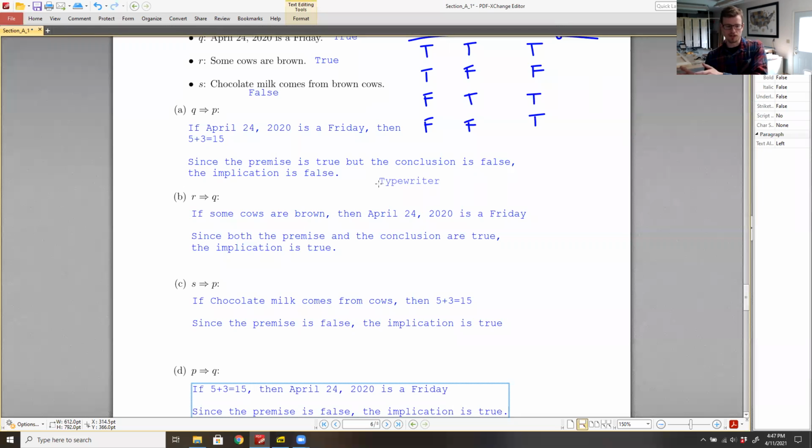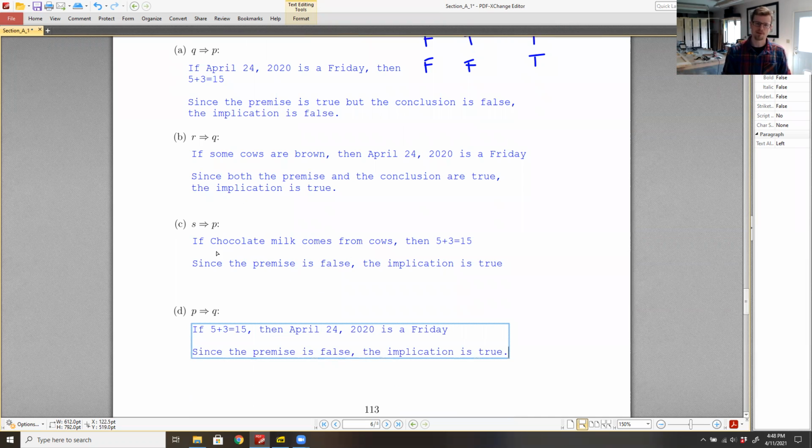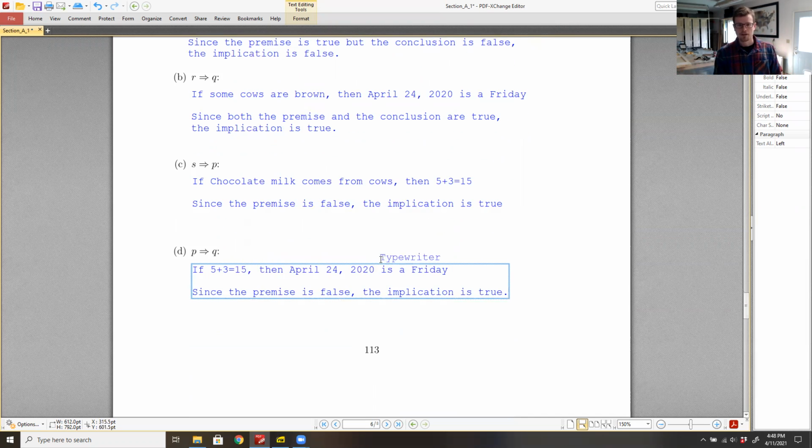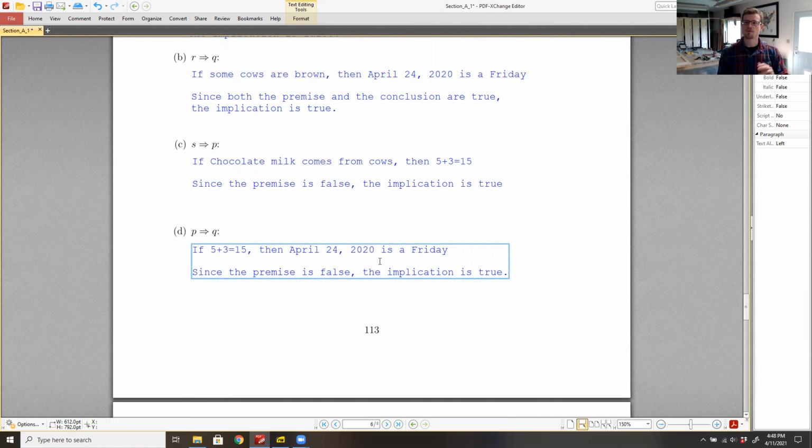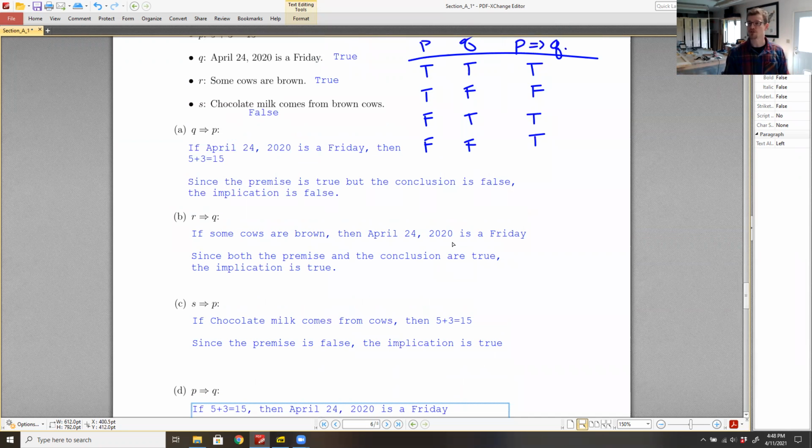When the conclusion is false, the implication is false, right? So when the premise is true, the value of the implication depends on the conclusion, right? It takes the value of the conclusion. When the premise is false, the implication is true. All right, there's a bunch of ways to say it, so hopefully you can follow along with one of those several ways that we've talked about it to determine when a conditional statement is true or false.